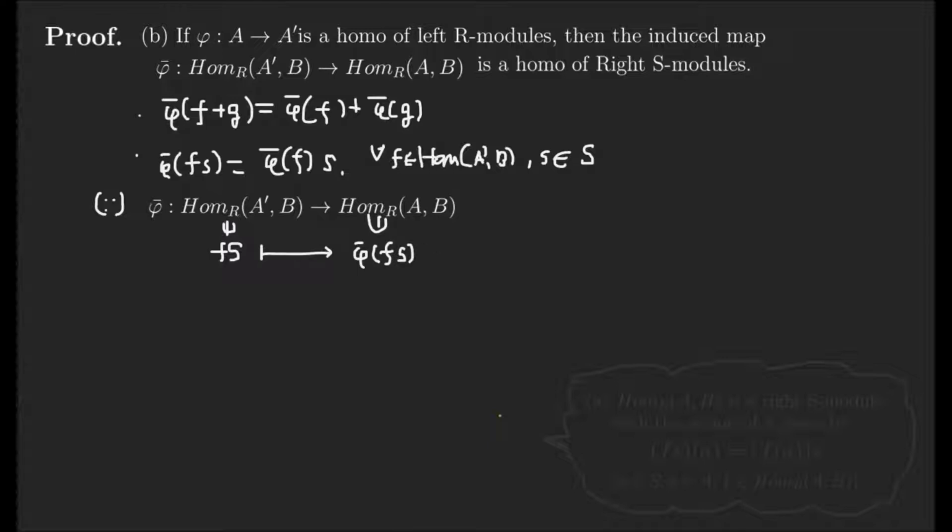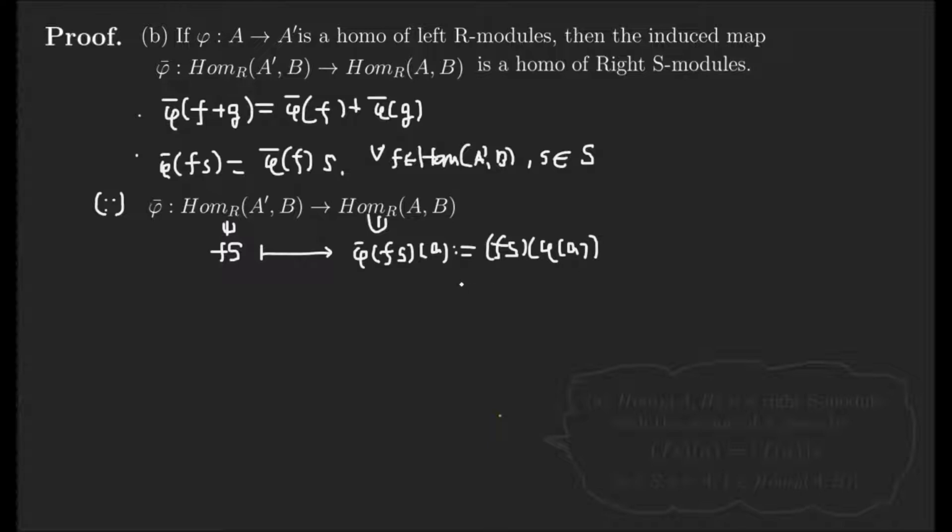To well define this, I use some notation a. Then because this is our Hom set, by the definition, this map is clearly defined. (fs)(phi(a)), using the diagram, we directly check.